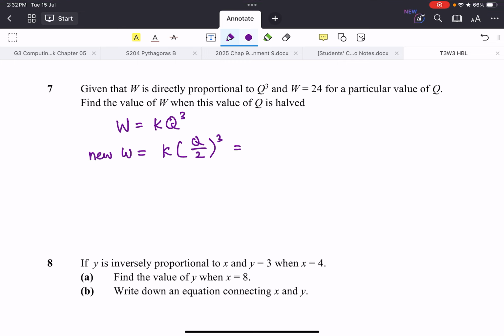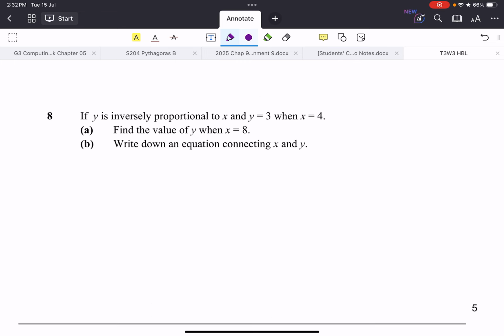Which gives us k q cubed over 8. So this will be equals to the original w over 8. So the new, which will give us 24 over 8, which is equals to 3. There we go, right?